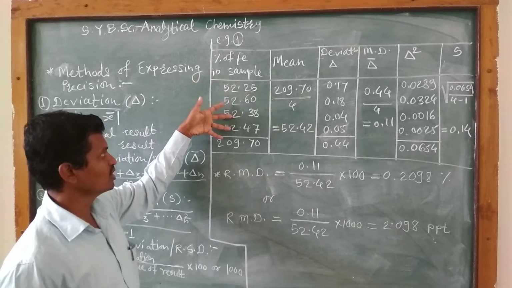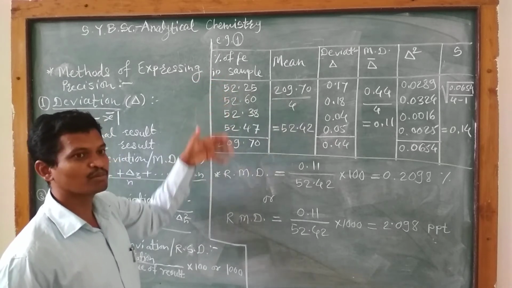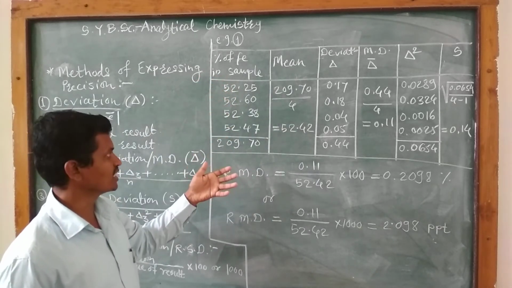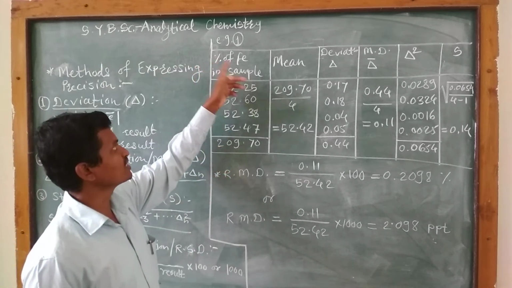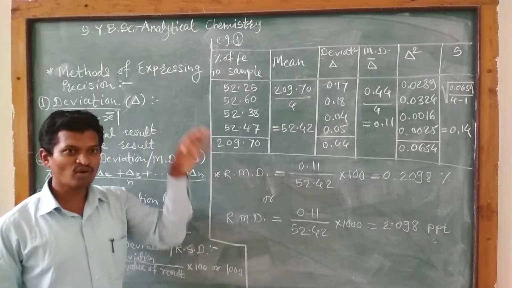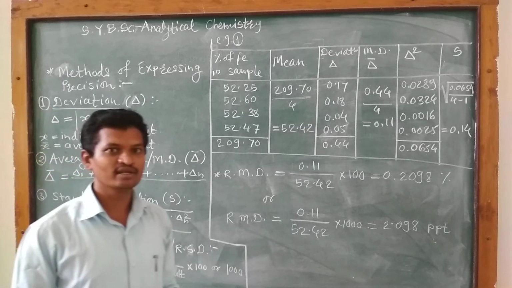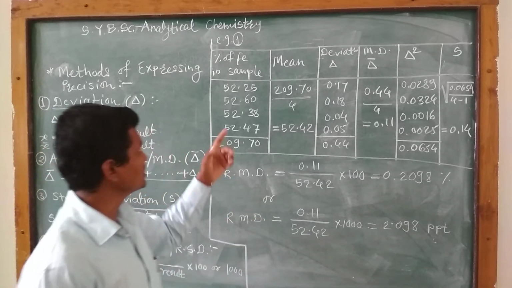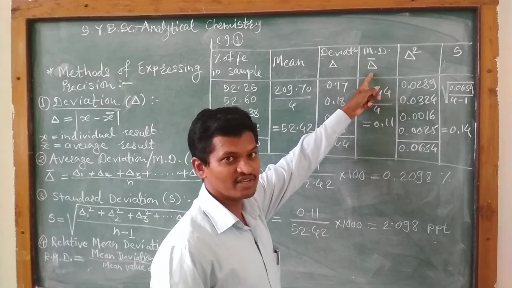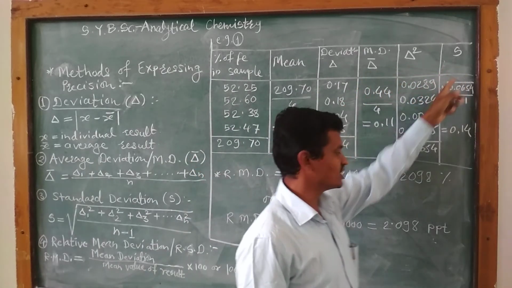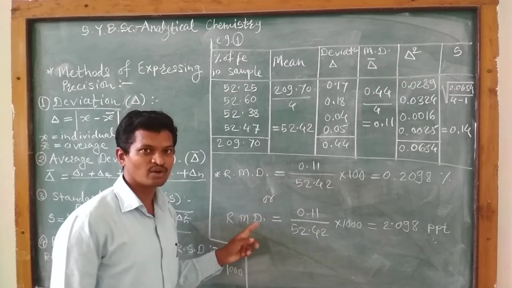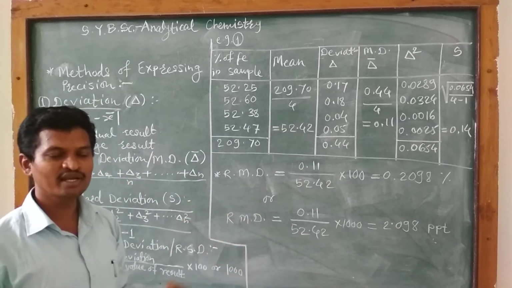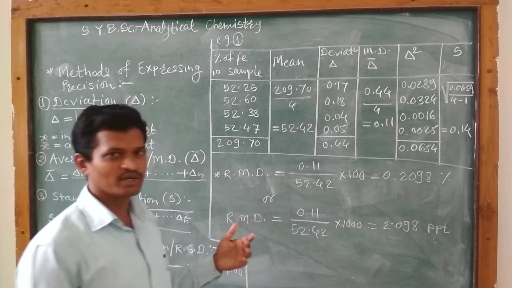These are the 4 observations or measurements taken by 4 students, let us say. This is the percentage of iron in the sample, and for this data we have to calculate the deviation, then mean deviation, then standard deviation, and relative mean deviation or relative standard deviation. It's very simple.